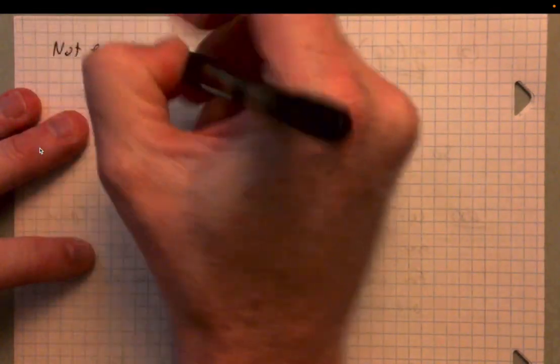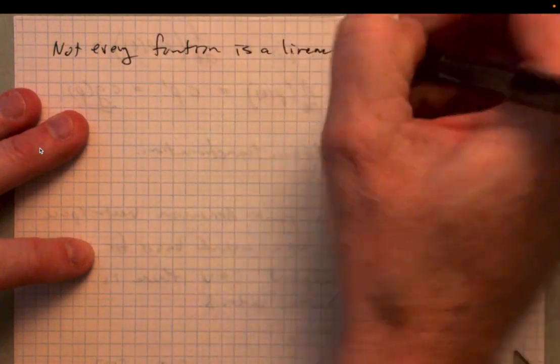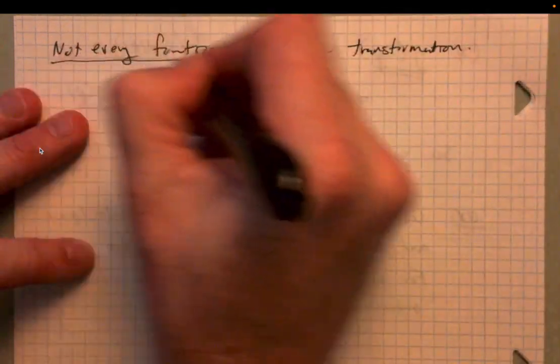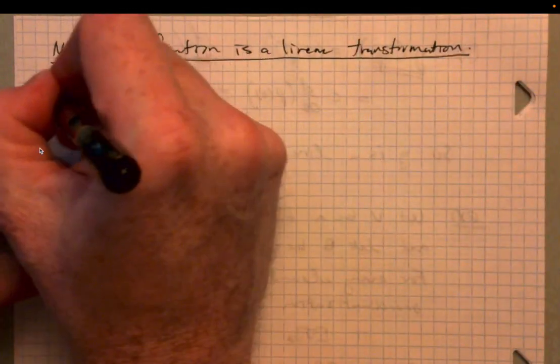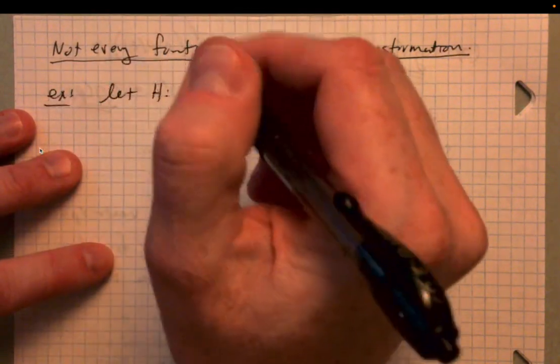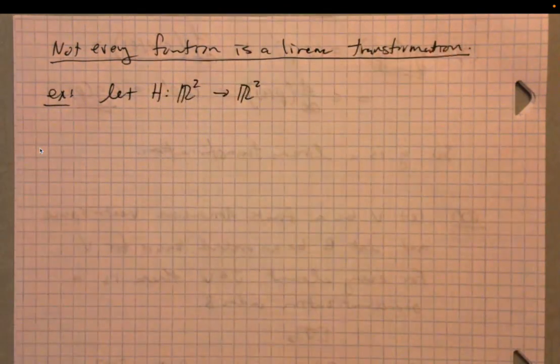Okay, so these are all examples of linear transformations, but notice not every function is a linear transformation, so let's take an example of one that isn't. Here's a counterexample, right? Let h be a function from R2 to R2, obviously two vector spaces.